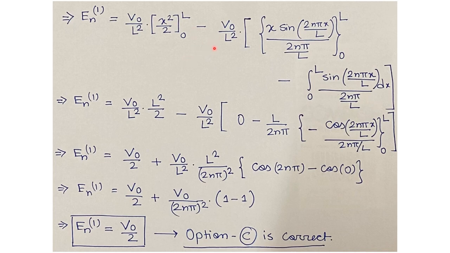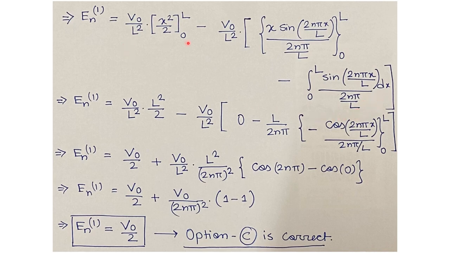So this will give V0 by L squared times x sine 2 n pi x by L whole divided by 2 n pi divided by L from 0 to L minus integration 0 to L sine 2 n pi x by L divided by 2 n pi by L times dx.